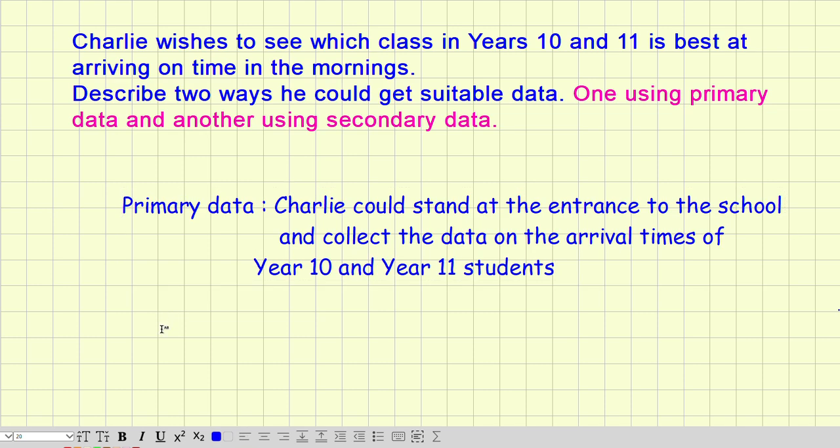Okay, so that's one way, primary data. You can literally go out there, collect the data yourself.